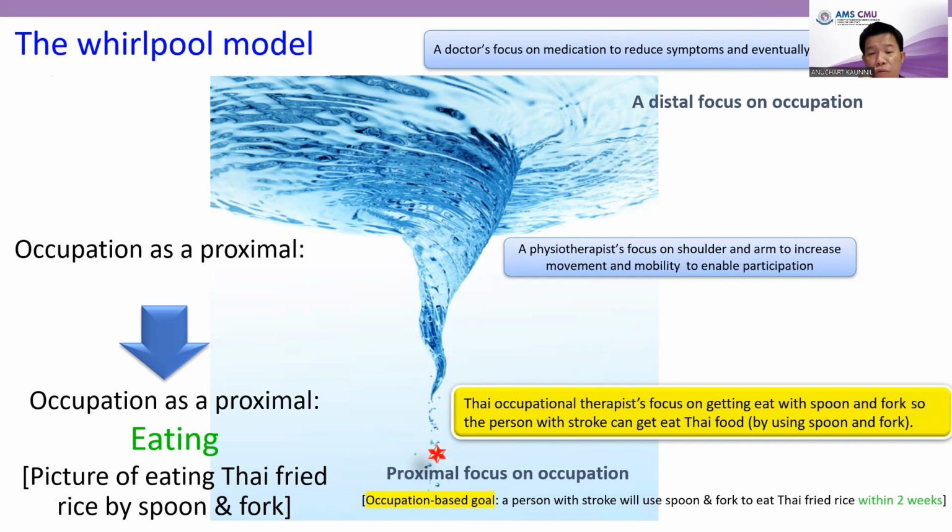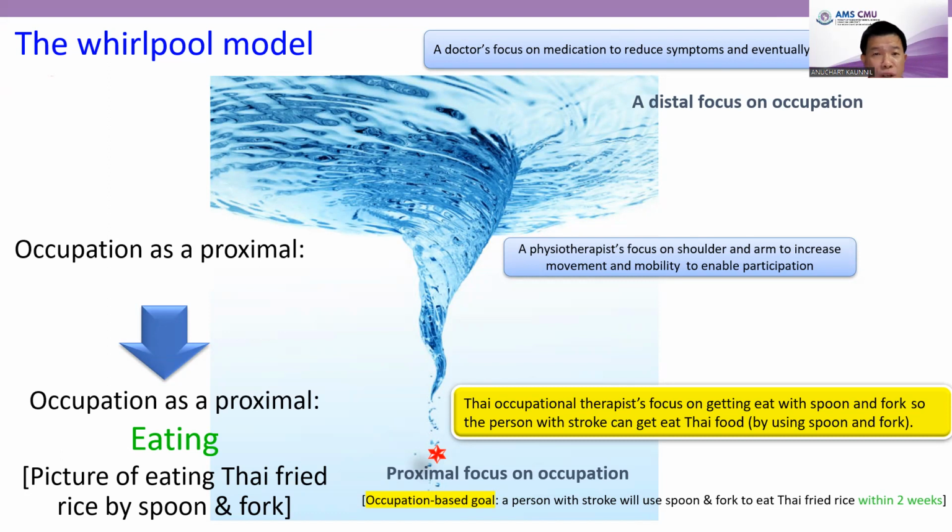That is the proximal focus on occupation. Occupation as proximal, presumably eating, is very important for humans. Picture in your mind eating Thai fried rice, khao pad, using fork and spoon.